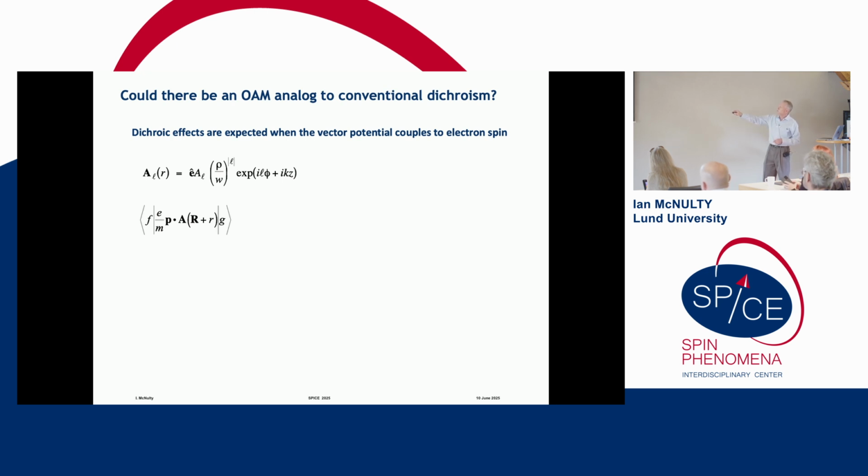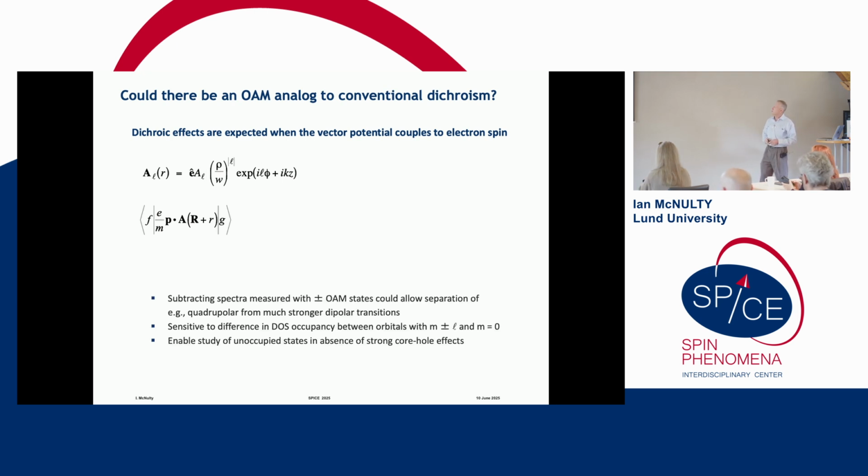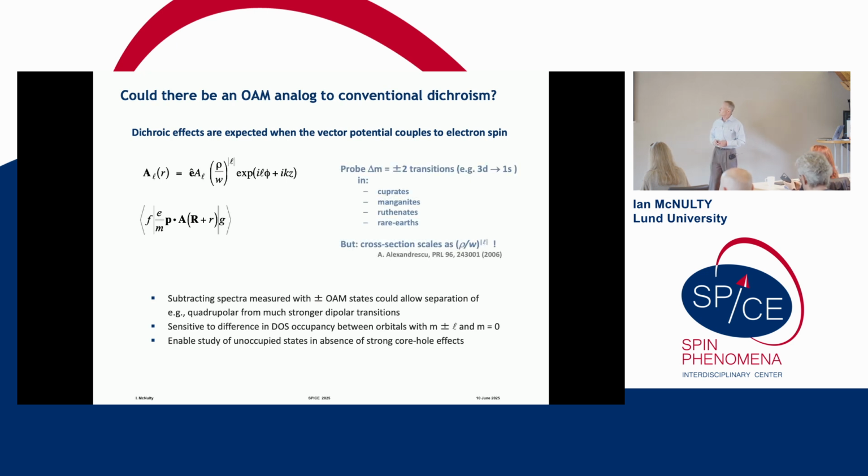If we put in a Hamiltonian or a vector potential defined this way, which has not only the wave propagation term, ikz, but il phi in the exponent, and plug it in, calculate the matrix elements, you start getting some interesting results. You could imagine now, and I'll show you some plots in the next slide, measuring spectra with dichroism that depends on just this il phi term, as well as a possible spin term with an OAM beam.